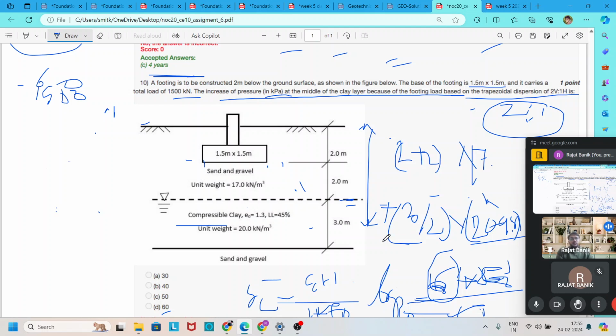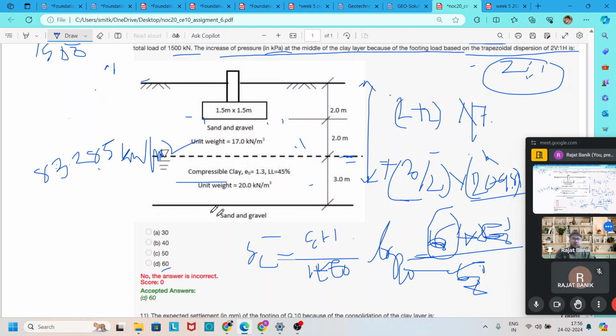So it becomes 4 into 17 plus 1.5 into (20 minus 9.81), which is equal to 83.285. Our sigma z dash is 83.285 kilonewton per meter square.